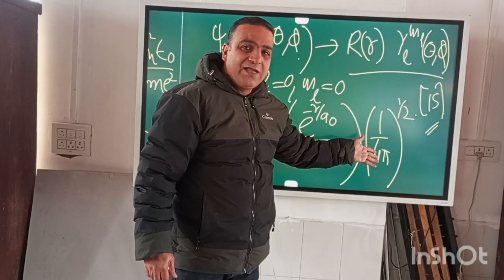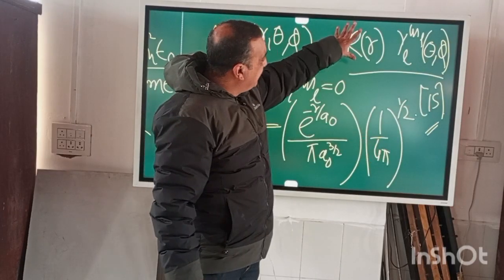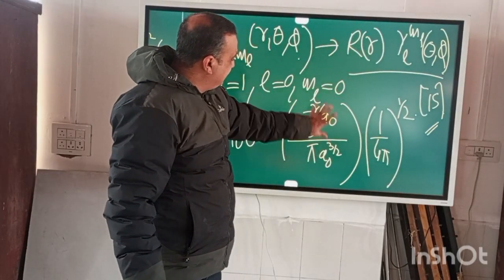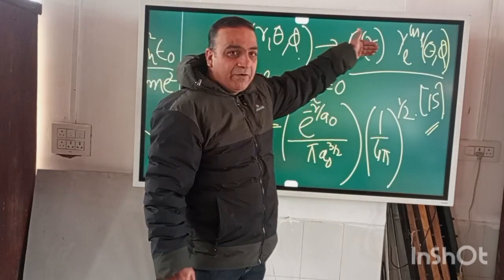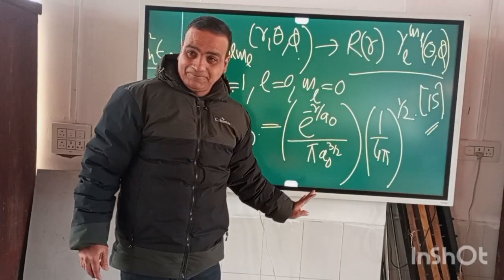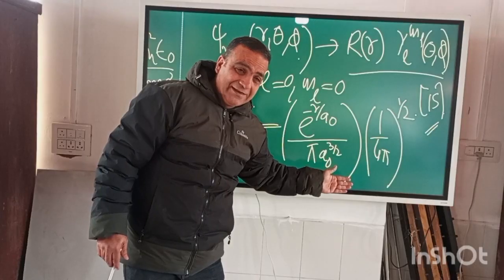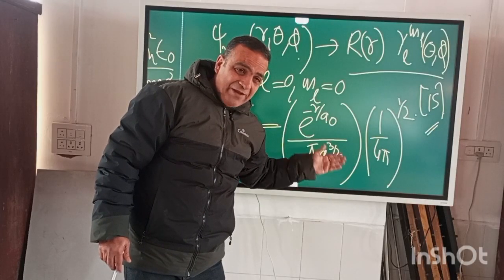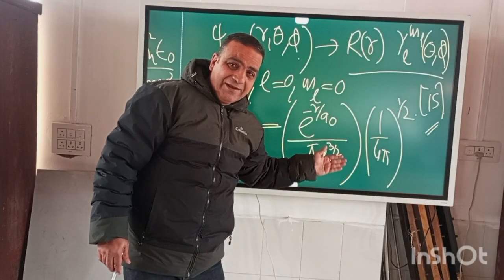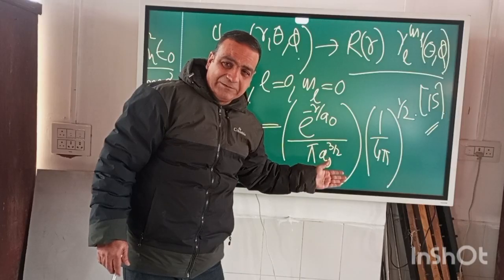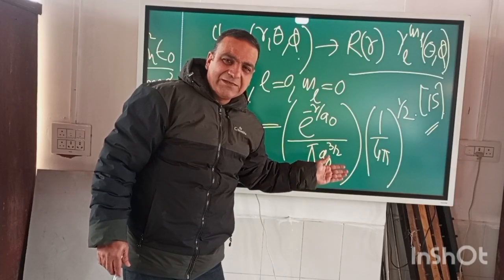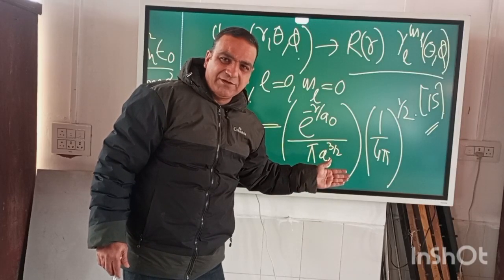It's a number. It's a constant. And this bracketed thing is coming out of R. It's a function. What does this tell me? It tells me that when you talk about the 1s orbital of hydrogen atom, it is spherically symmetric.